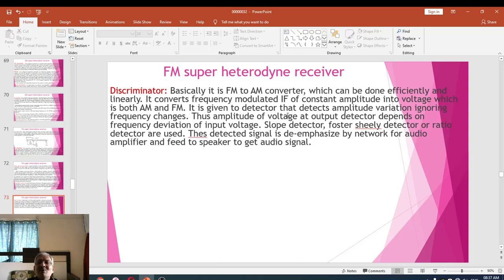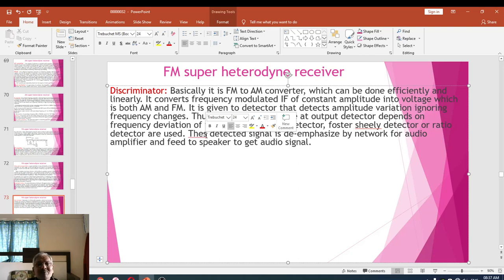Thus, the amplitude of the voltage at the output of the detector depends on the frequency deviation of the input voltage. The discriminator circuitry may be a slope detector, Foster-Seeley detector, or ratio detector, which are suitably used as a discriminator.